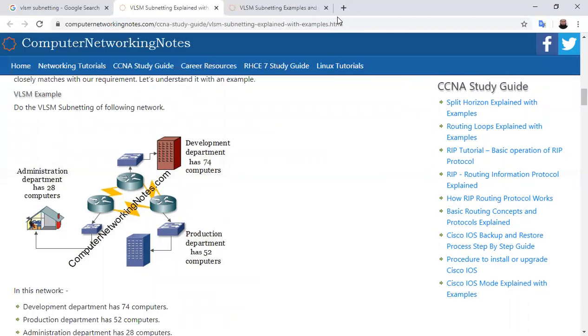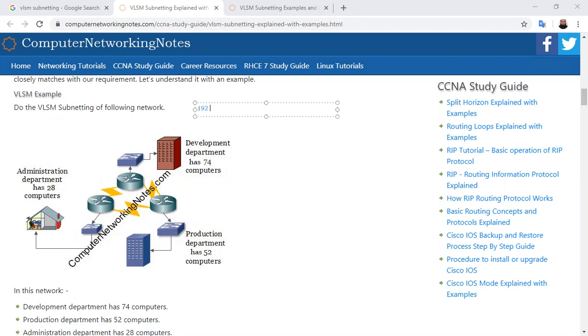Okay, I'm going to show an example over here. For this, there is no fixed IP address. We consider a class C IP address, 192.168.100.10, say for example. This is a class C IP address.